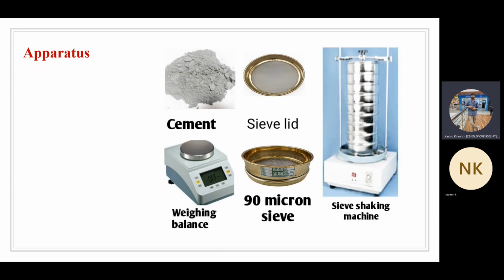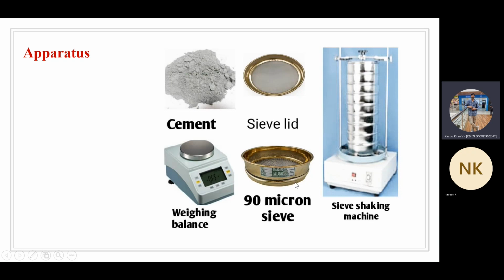I'll show you that. You can see here the apparatus that are required. We'll be taking a sample of cement, maybe 200 grams or 500 grams of cement, or even 100 grams is fine. But it's better if you have the bigger samples, maybe 200 or 500 grams; 250 grams is sufficient. Then we need the weighing balance to measure the weights.